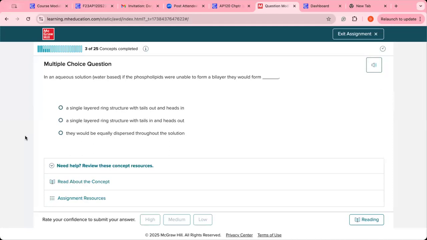I don't know. It's not giving me. So phospholipids spontaneously form a bilayer, but if they couldn't, it says if they couldn't, but I don't know. I don't know what to say there.